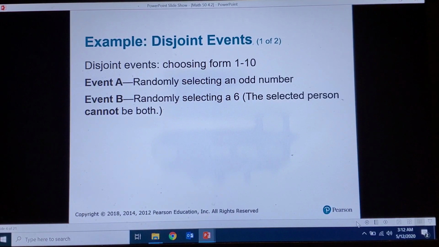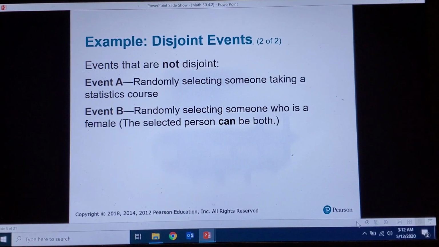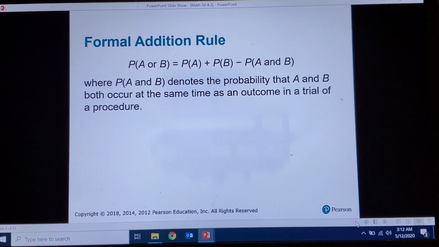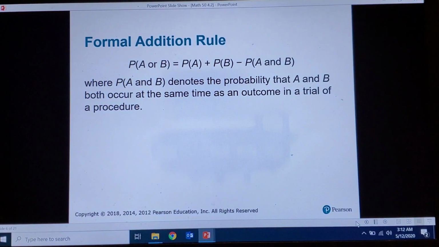The reason why it's important to determine if two events are joint or disjoint, and sometimes it could be 3 events or 4 events that you're talking about, is the addition rule. The big key thing to point out here is "or." Wherever you see "or," that's where you know to apply the addition rule. And you have to decide if the events are joint or disjoint.